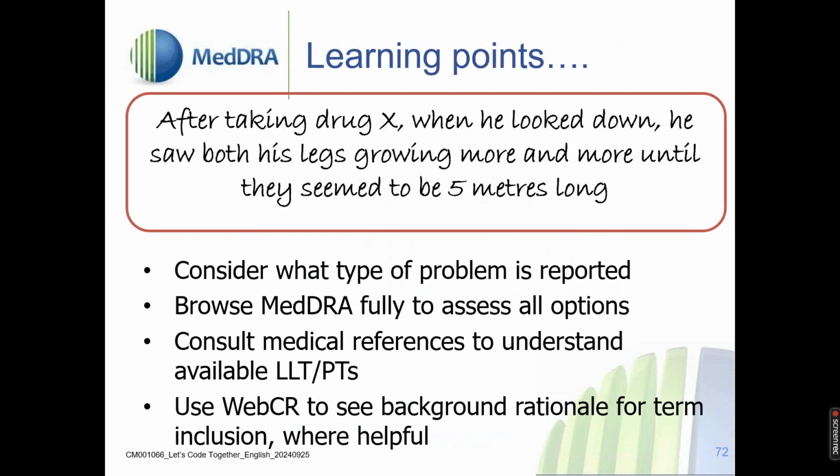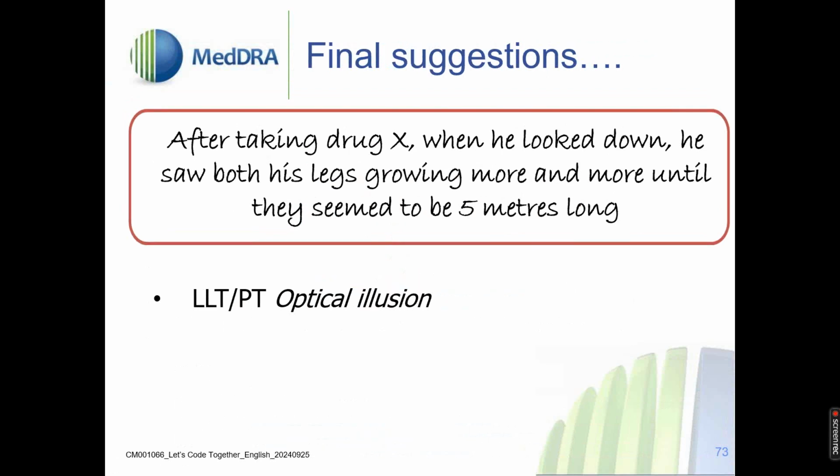As we all know, MedDRA terms don't have definitions, but it can be useful to see the rationale that was given by our medical team when the term was added. Our international medical officers will write a short rationale for why a term was included, and I find that is sometimes helpful. Any comments on this one, Carol Ann?